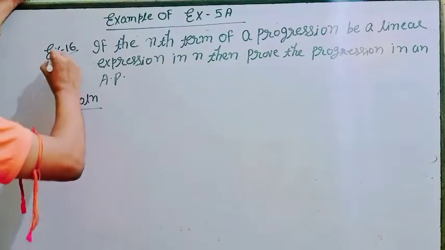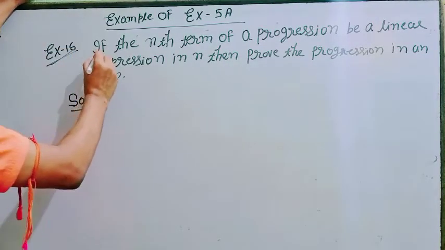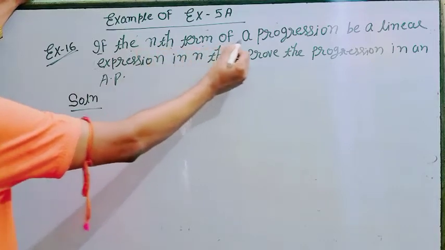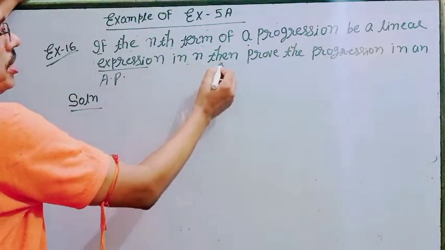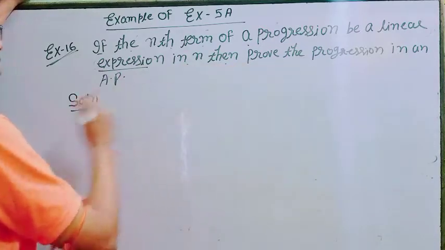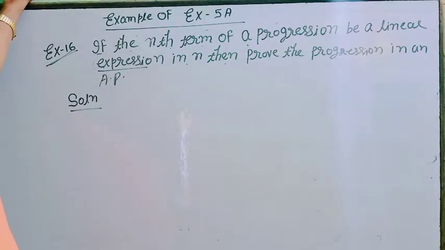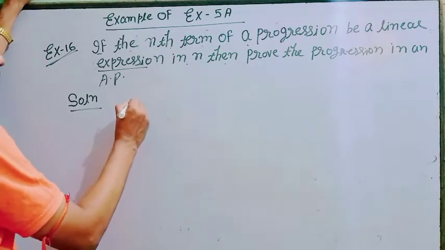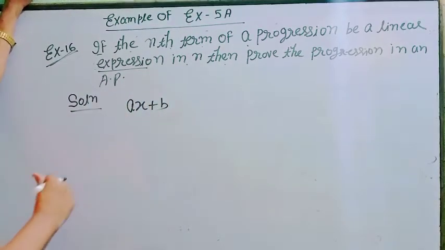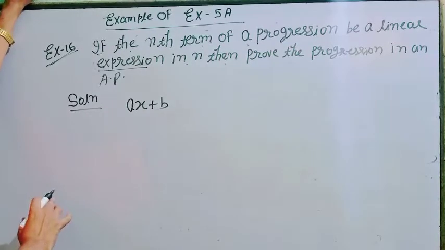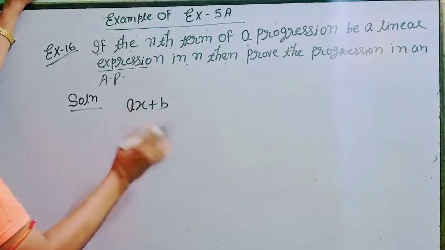Now example 16: if the nth term of a progression is a linear expression in n, then prove that the progression is in AP. The general form of a linear equation is ax plus b, where a and b are real numbers and a is not equal to 0.